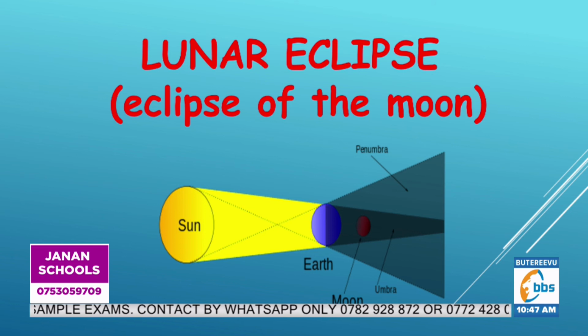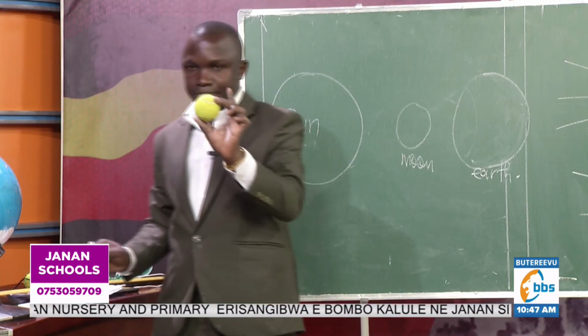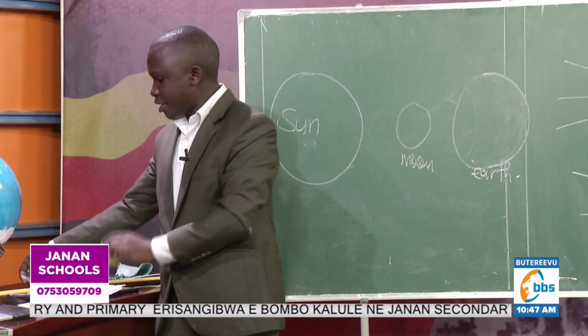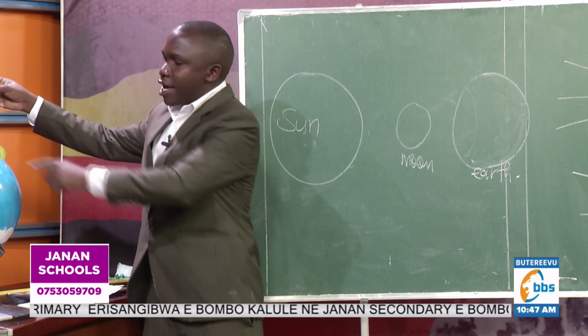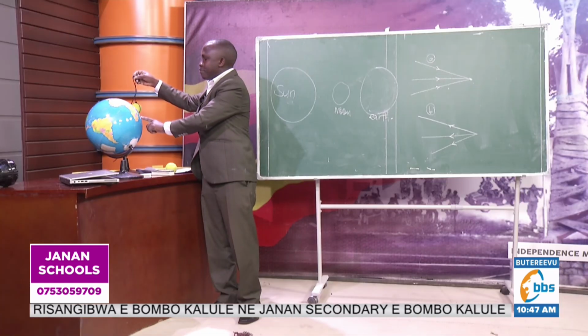And since the earth is bigger than the moon, remember I've told you and I've shown you exactly what is here. Okay? Since the earth is bigger than the moon, then its shadow fully covers the moon. Its shadow fully covers what? The moon. Just imagine the size of the earth. If you bring it behind, the earth is bigger.